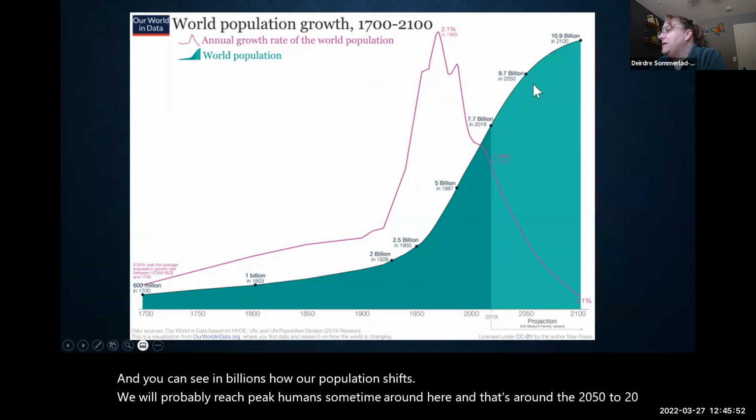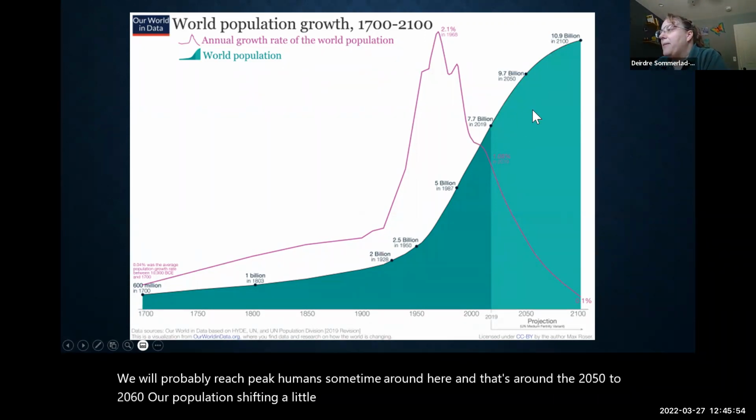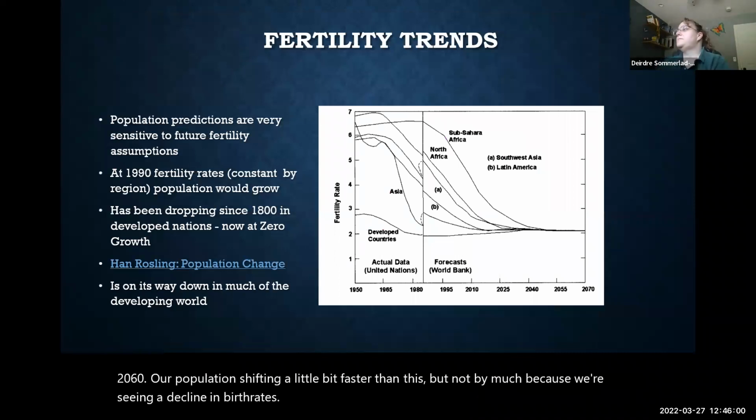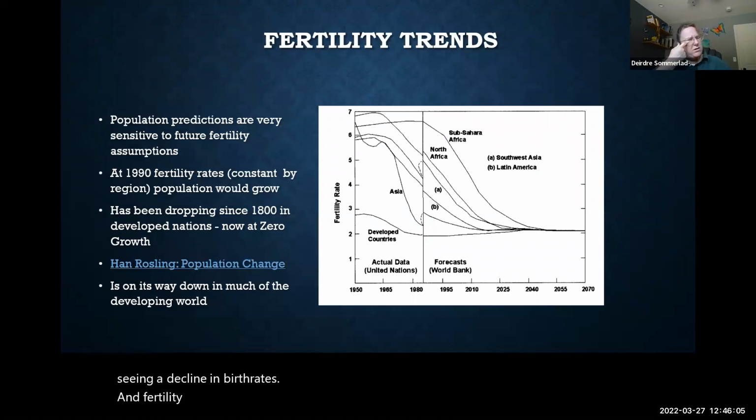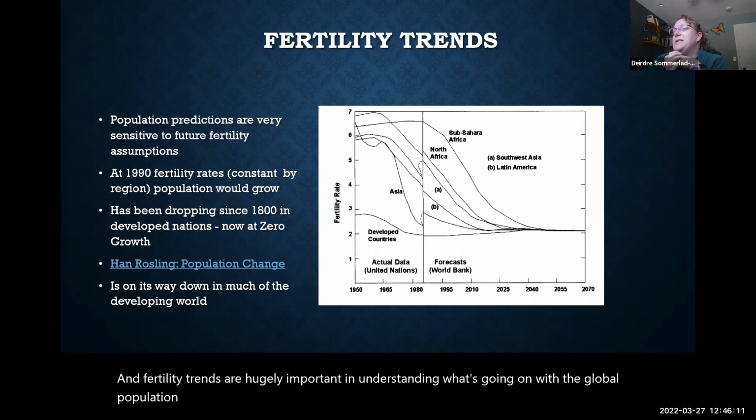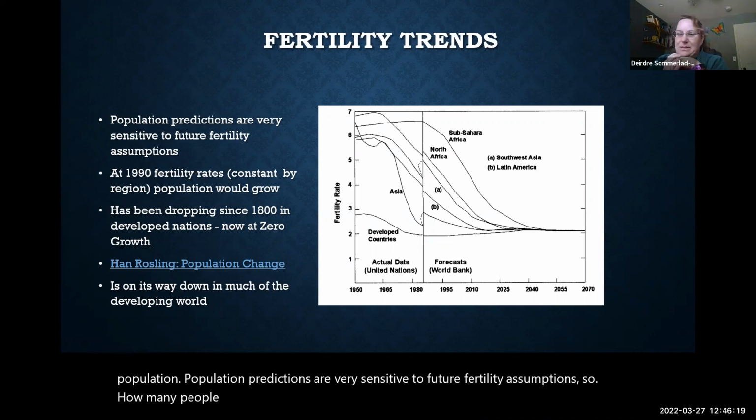Our population is shifting a little bit faster than this, but not by much, because we're seeing a decline in birth rates. And fertility trends are hugely important in understanding what's going on with the global population. Population predictions are very sensitive to future fertility assumptions. So how many people we actually have on the planet really depends upon how many children are being born.